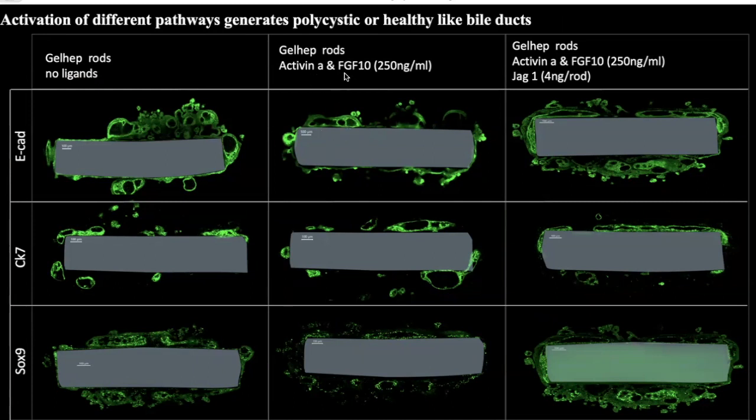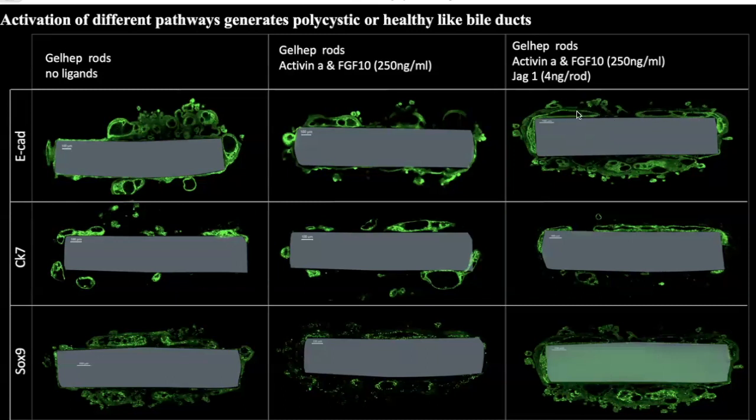Now, if you have activin A and FGF10, you get what I showed you before, these elongated lumens, where you still see different lumens merged together, but they are still kind of elongated. And if you use activin A, FGF10, and you add JAG1, in this case, you get this very long lumen spanning half of the rod, sometimes even the totality of the length of the rod.